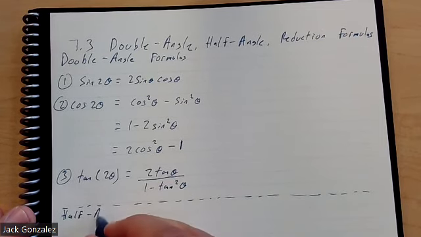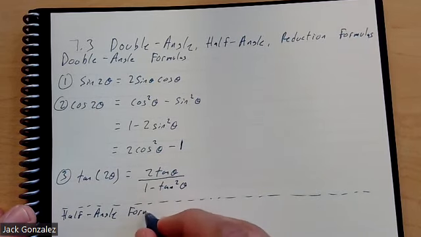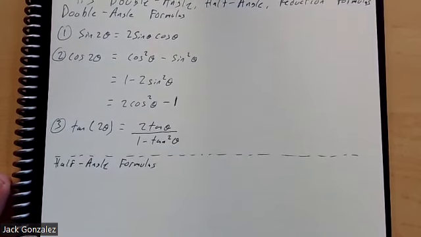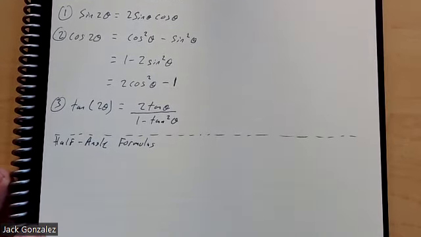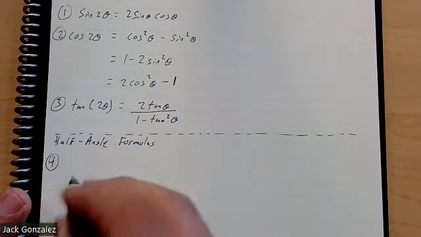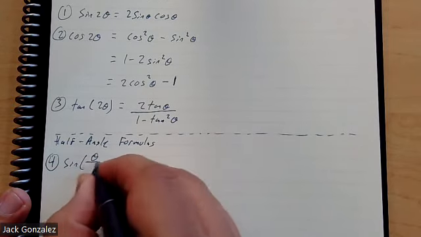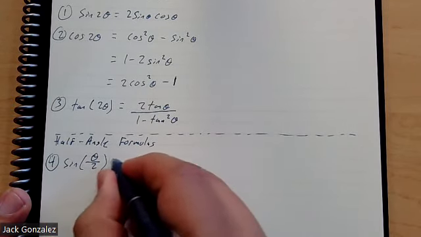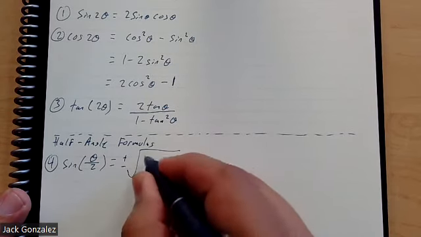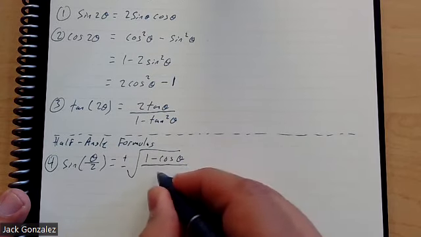Let me give you the half angle. Sine of theta over 2 is equal to plus or minus the square root of (1 minus cosine theta) over 2.